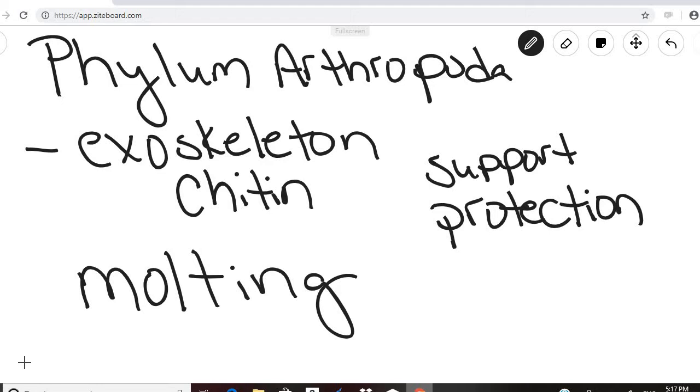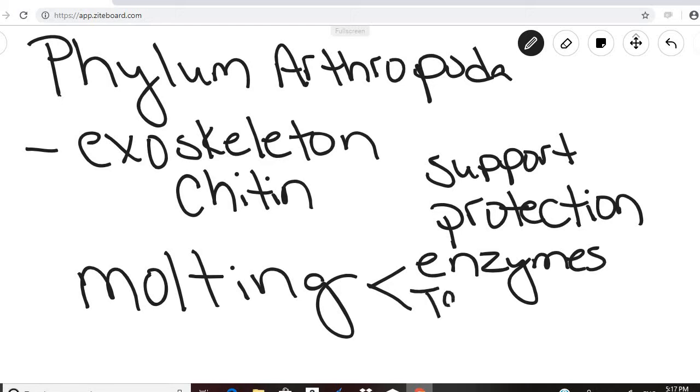And we talked about how that happens. The first thing that happens is that enzymes are secreted that break down the old exoskeleton. Then the animal will take in water and swell.